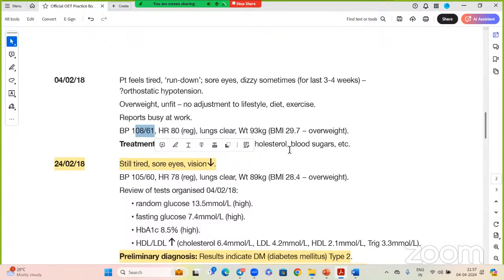So when this was the previous visit, it was 108/61; this visit it is 105/60. Okay. So what is this? Is it high blood pressure or normal blood pressure or low blood pressure?